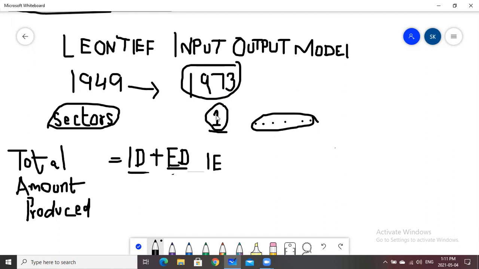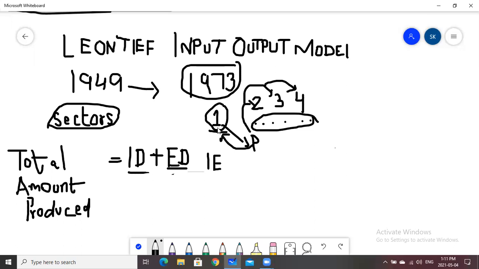Suppose we have a sector, sector 1, another sector, sector 2, another sector, sector 3, and another sector, sector 4. In order for sector 1 to produce its output, it will demand input from sector 2, sector 3, and sector 4, as well as its own product.